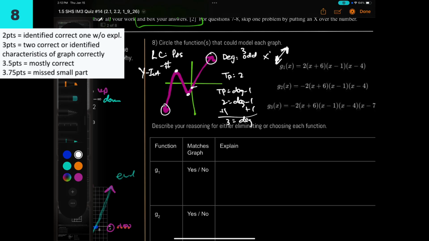Okay, G1 is this graph here. This one is to the third, and your leading coefficient here is positive.